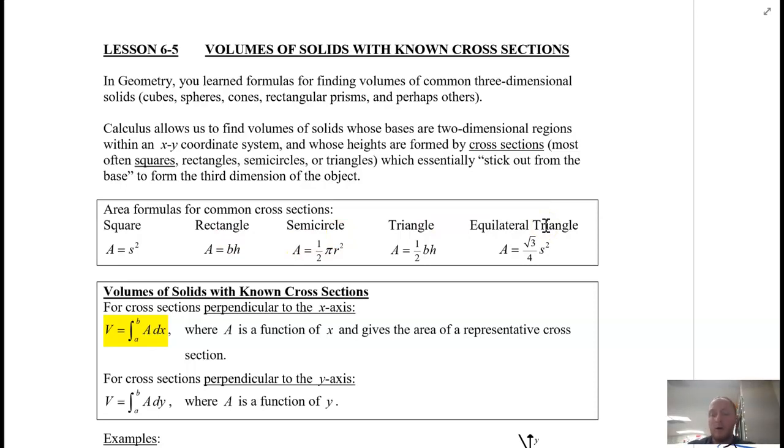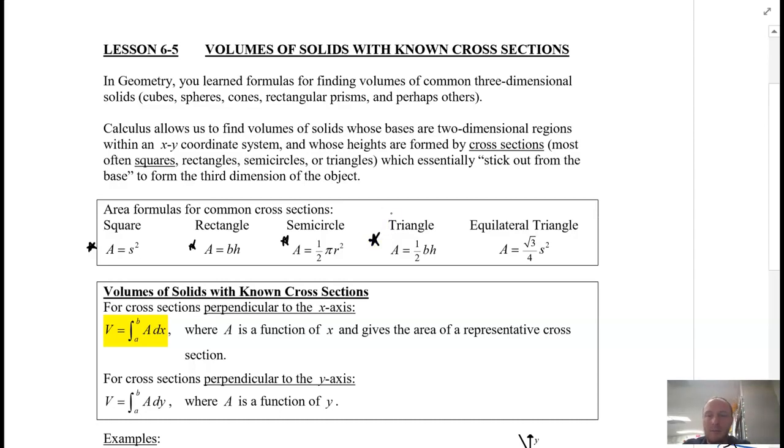If you are going to have to utilize these on the AP exam, they don't give you these formulas, so this is stuff that you're going to have to put into your brain. The most common ones would be a square or a rectangle, base times height. A semicircle is just half of a circle, so pi r squared cut in half. And a triangle you should be familiar with.